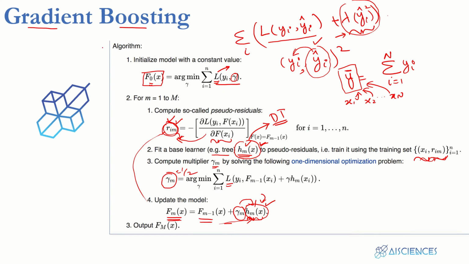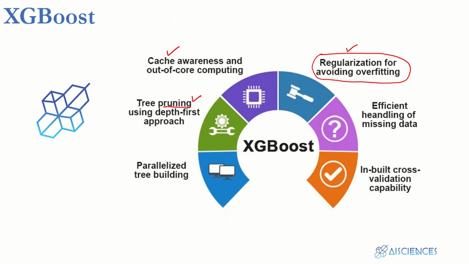Although in gradient boosting in general you can apply any base learner model, in XGBoost you are fixed to decision trees, and there is a pruning parameter inside. Next, parallel tree building. You can use XGBoost in parallel environments, in clusters, in distributed environments, which makes it much faster than training a naive gradient boosting algorithm.